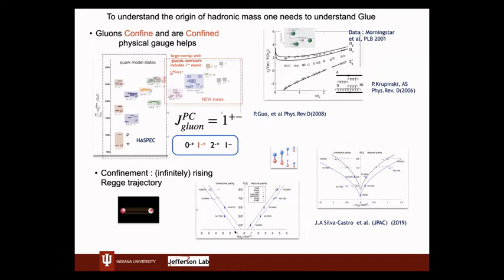Of course, these things cannot rise forever. States, resonances decay. Eventually, higher masses and higher spins would start overlapping more and more with multi-quark and multi-gluon states and become essentially jet-like. So these trajectories eventually start to bend, and at some point they will saturate.